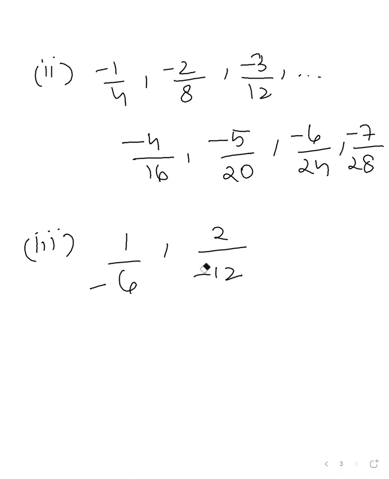Or what you can do is you can just remove the negative sign from the denominator and keep it in front of the fraction like this. What does that mean? Like keeping the negative sign in front of the line.